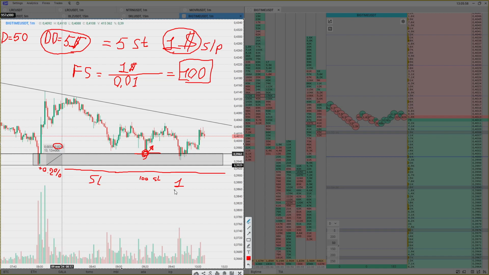You have to have 5 stop loss hits in a row just to reach the daily drawdown and stop trading. And even if you do, this $5 will not be critical and you will still be alive, and you just continue the next day. I think it's clear.